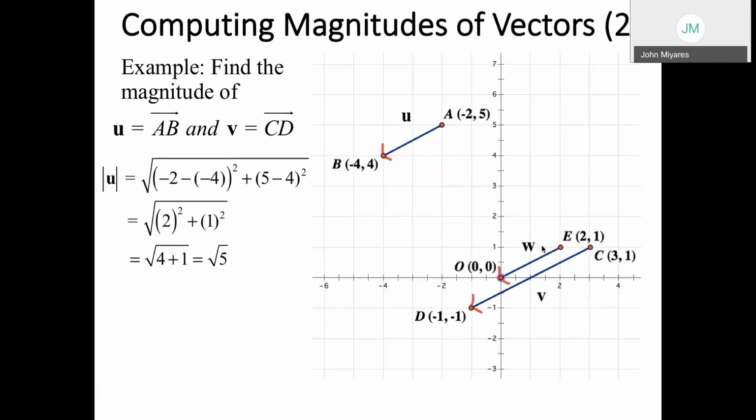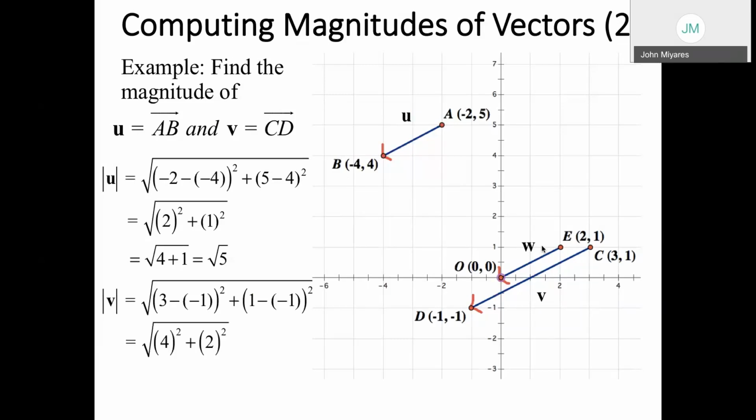For vector v, applying the distance formula would again be a matter of computing the change in x, which will be 3 minus -1, and the change in y, which would be 1 minus -1. Simplifying inside the parentheses, 3 minus -1 is 4, and 1 minus -1 is 2.